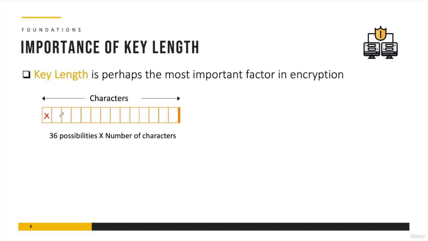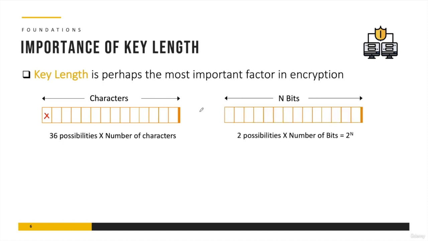But computers need digital numbers, they understand binary numbers. So we always talk about bits. So we talk about key lengths in terms of bits. Since we're talking about binary, every bit can either be 0 or it can be 1. So if you have a key which spans n bits, then it means you have 2 raised to the power n different combinations possible.